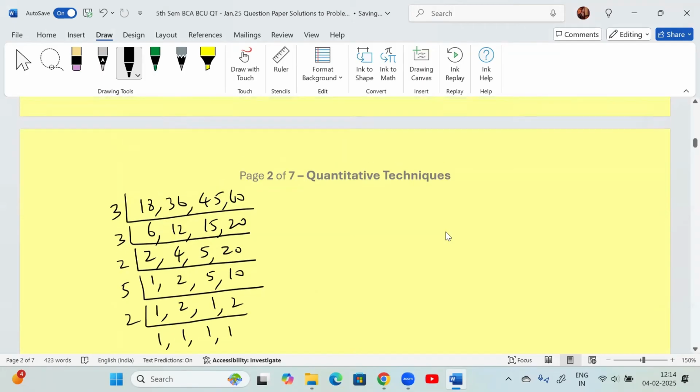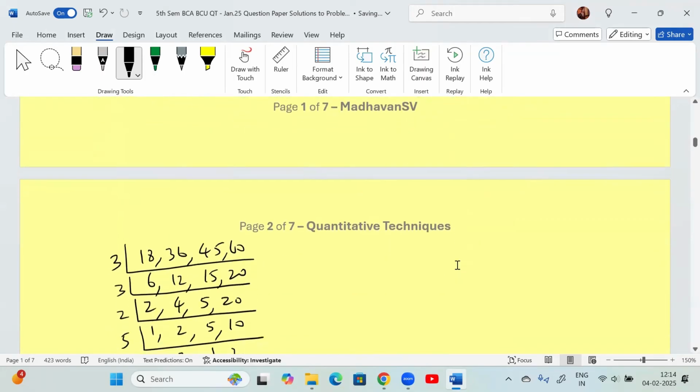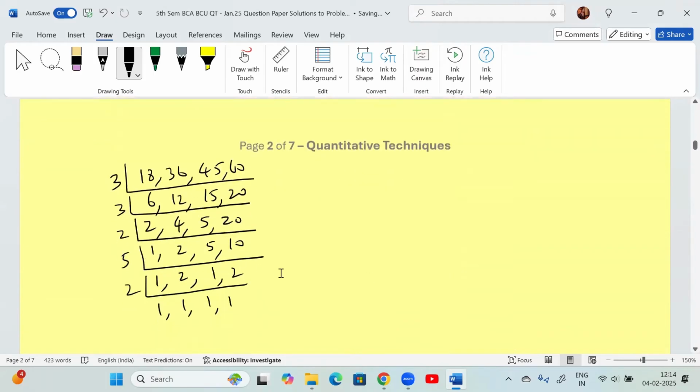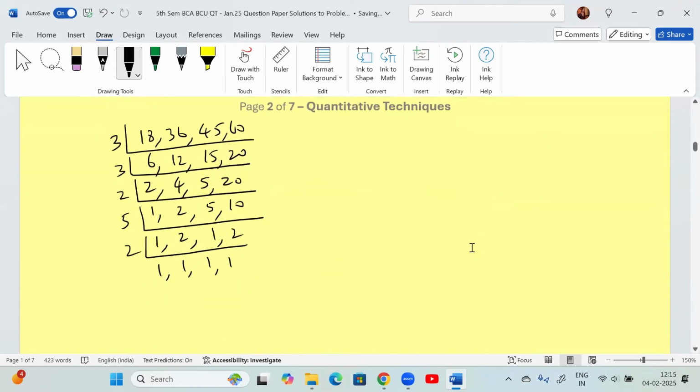So the LCM of these 4 numbers will be 3 square into 2 square into 5, which is 9 into 4 into 5. 5 fours are 20, 20 into 9 becomes 180. So we will express all these fractions having a denominator 180.